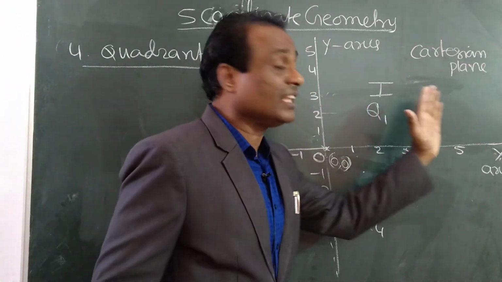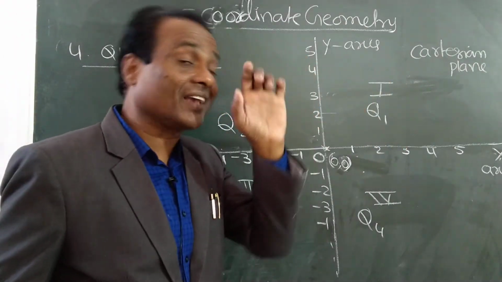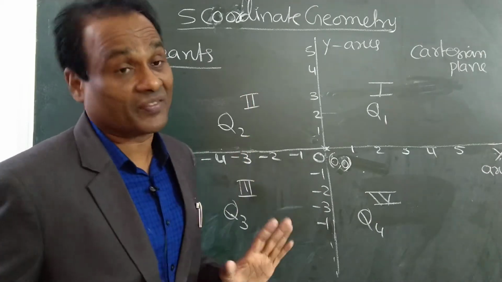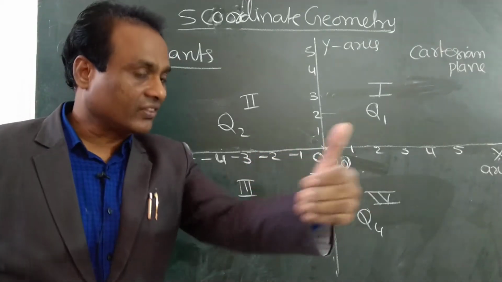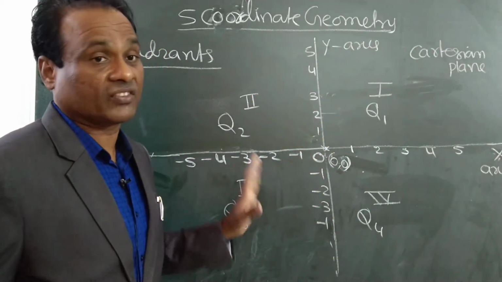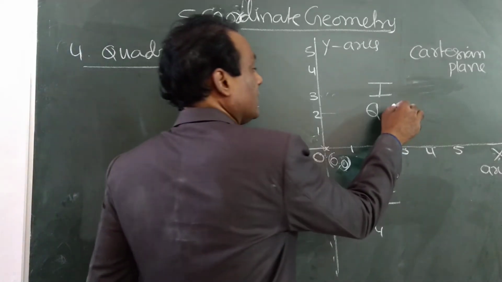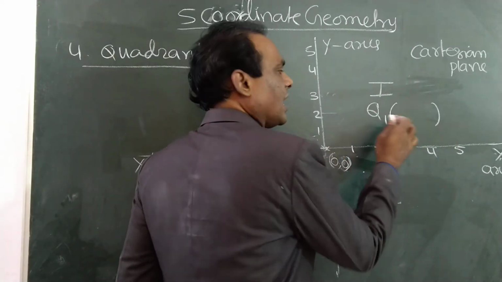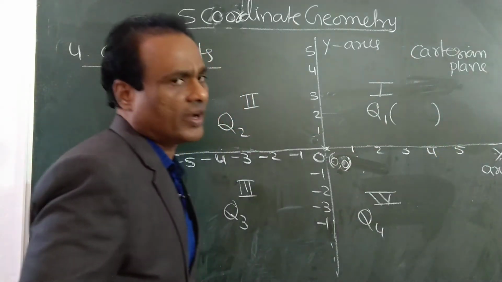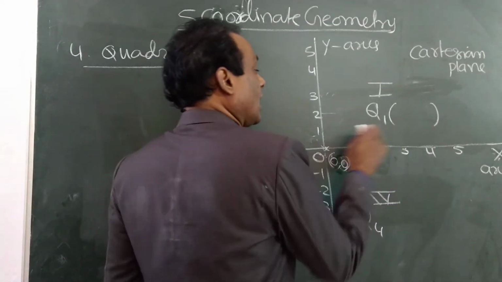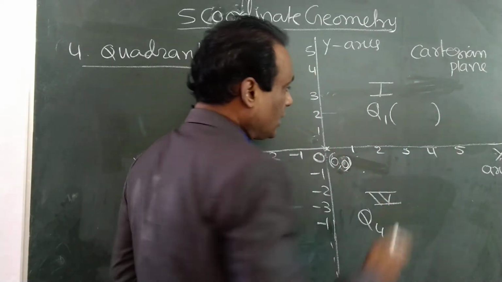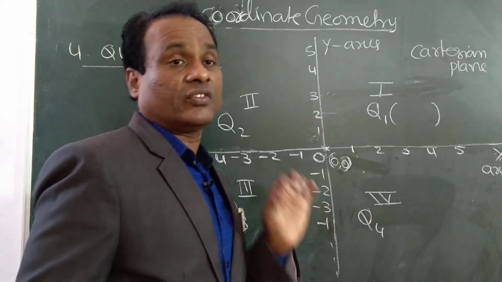And if you see the symbols of the x values and y values, that is very important. Even in the exercise we are going to use this concept. So in the first quadrant, every point will have two values, x value and y value. What are the signs of those x values and y values?